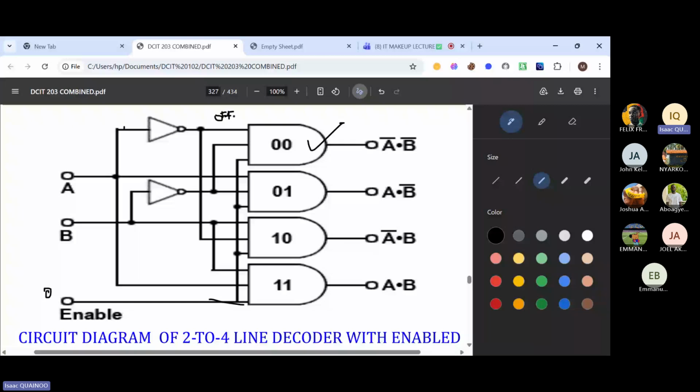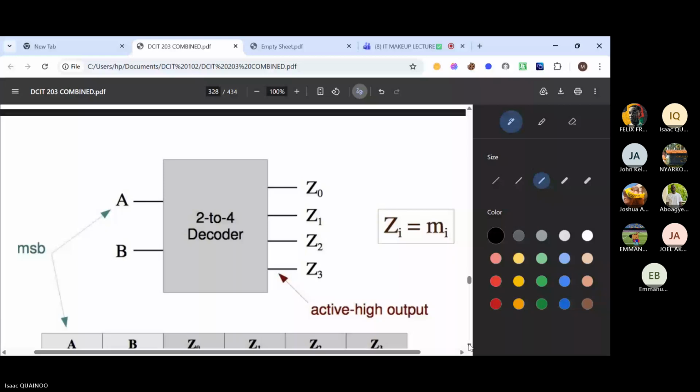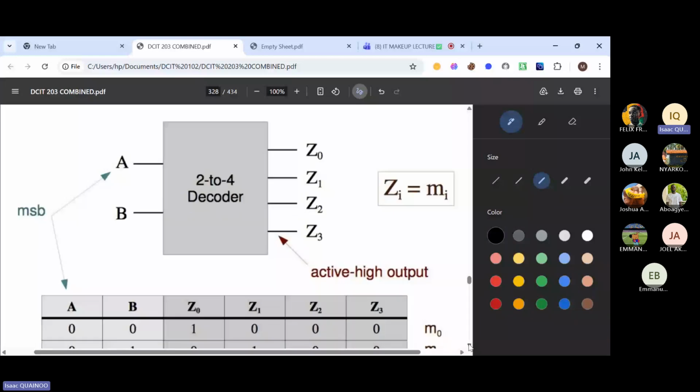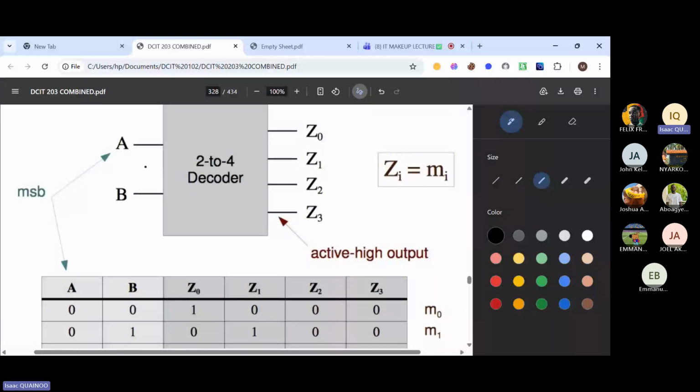It's unable to process its input. But if the status of our enable input is 1, then the circuit is now live. It is able to process any input that it is fed with. So these are 2:4 decoders.